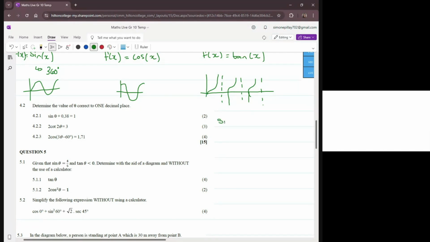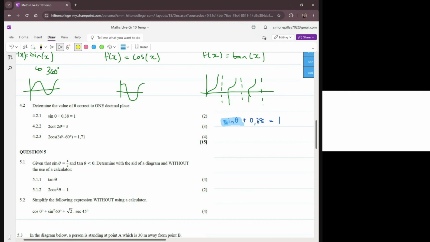So right now I have, and let me go back to, let's actually do blue. Right now I have sine theta plus 0,38 is equals to 1. Remember my goal over here? My goal is to get sine theta by itself. Eventually, I just want theta by itself. But for now, if I can isolate my ratio, I will be happy.